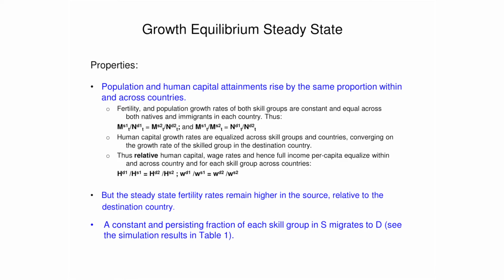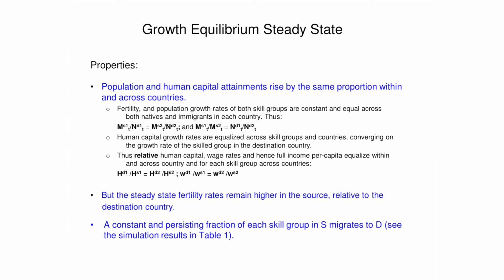I spelled them out. But the steady state fertility rates remain higher in the source relative to the destination country. So this, along with the last property, that there is a constant and persisting fraction of each skill group migrating from S to D, they remain as steady state solutions, along with the higher fertility in the sending country.